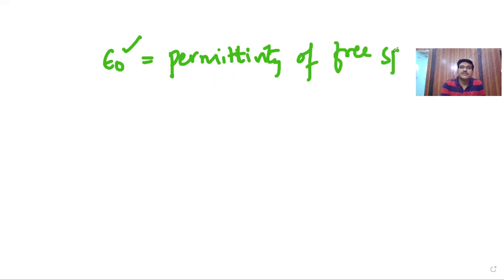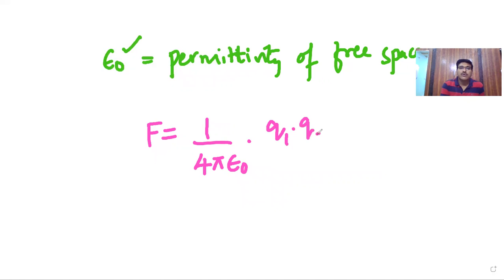Epsilon. What is epsilon? Given that it is the permittivity of free space. Recollect the previous session. In the previous classes, we have seen that the force of attraction or repulsion between two electrical charges is given as 1 by 4 pi epsilon into Q1 into Q2 divided by d square, where Q1 is one charge, Q2 is another charge, and d is the distance between them.